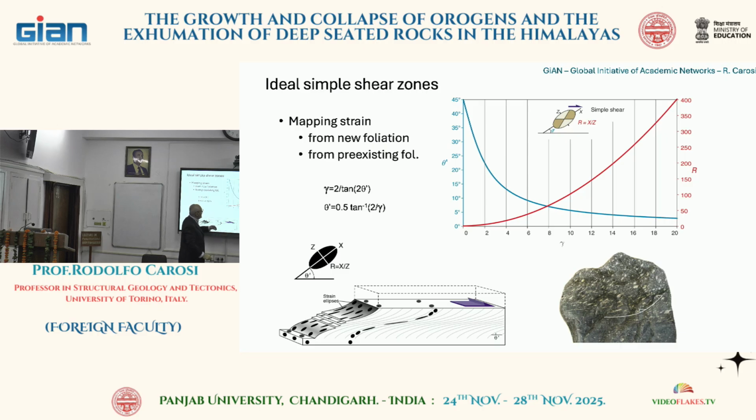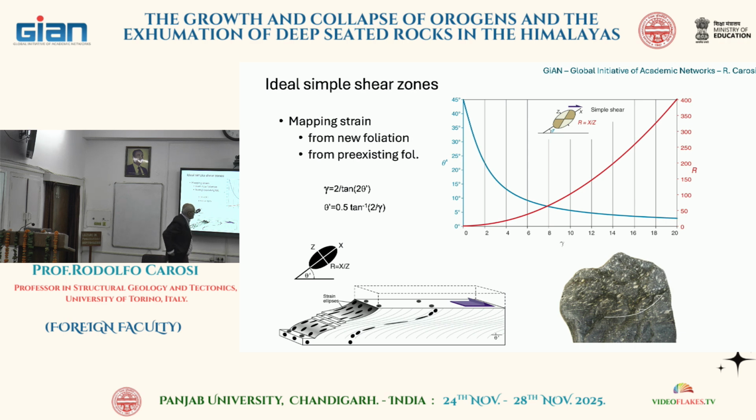So with increasing strain, you can see an increase, the red line, of the axial ratio: the x became much more elongated and the z became shorter and shorter. So the axial ratio increases a lot, whereas at the same time this angle decreases up to parallelize to the shear zone boundary.